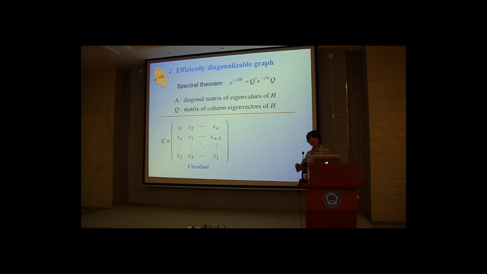The simplest graphs or matrices in that group are the circulants, because for the circulant, the eigenvectors are the Fourier vectors, and its eigenvalues are just the Fourier transform of the first row. You can see the circulant is, you have the element going this way, and you just rotate. Okay?